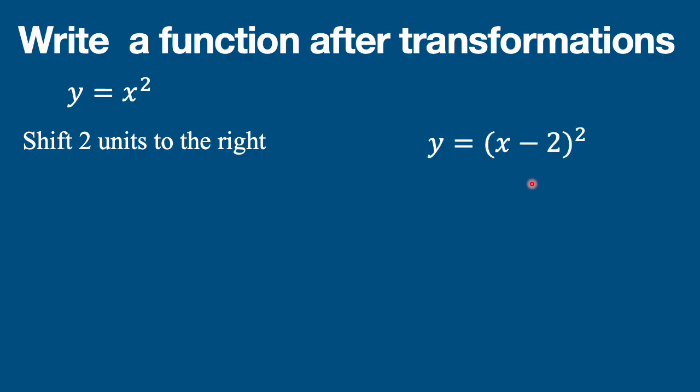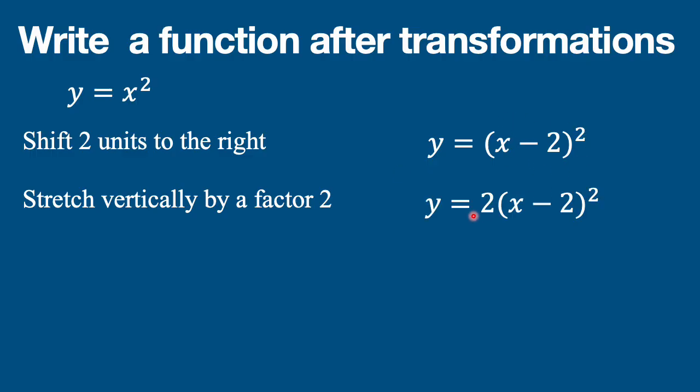So y equals (x minus 2) squared. What's the next transformation gonna be? Stretch vertically by 2. You're gonna multiply in front of (x minus 2) squared. So y equals 2(x minus 2) squared.